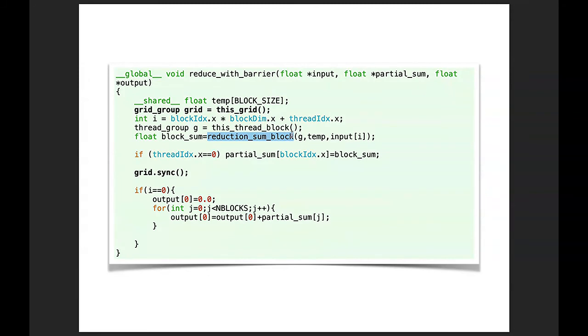This is the same function I had before. It takes the blocks, so then thread 0 within each block, which has the full partial sum, stores it in this new array called partial_sum. Here there's a synchronization, so this ensures that this array is fully populated before we proceed. And then finally, I have only one thread just loop over this array and compute the final sum.